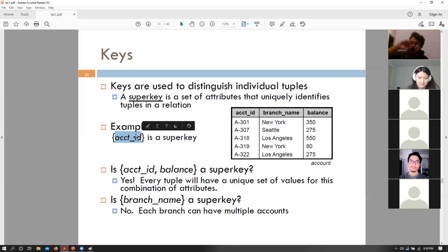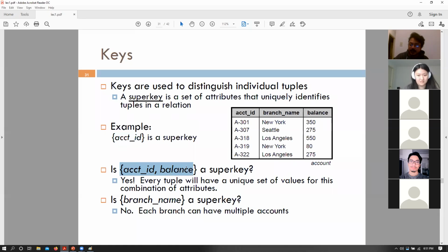If I also remove the branch name from this, account ID itself is still a super key, right? So if we remove all of the extraneous attributes that are not required to make sure that this particular set of attributes is a super key, then that is what we call a candidate key or a minimal super key. We will come to that in a second. But a super key is essentially the set of attributes that can be used to uniquely identify tuples.